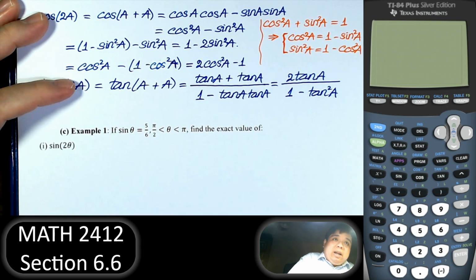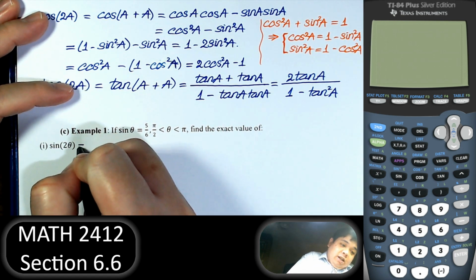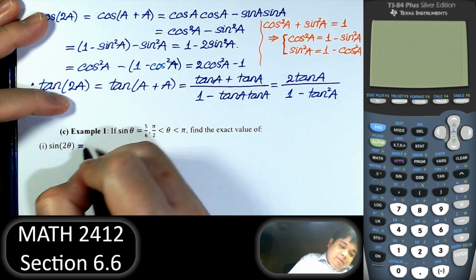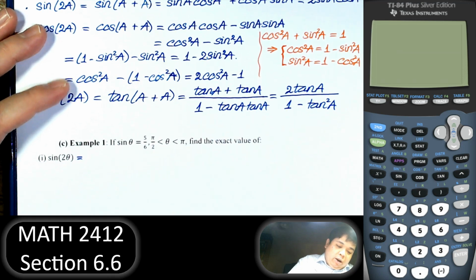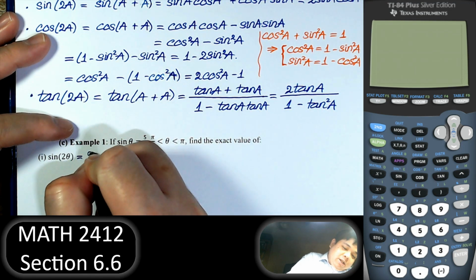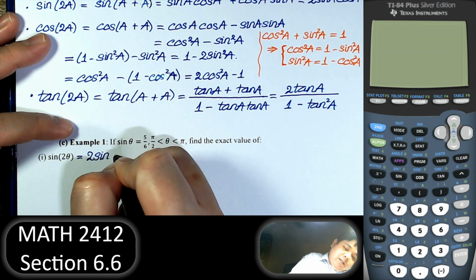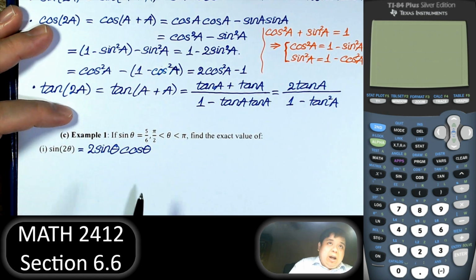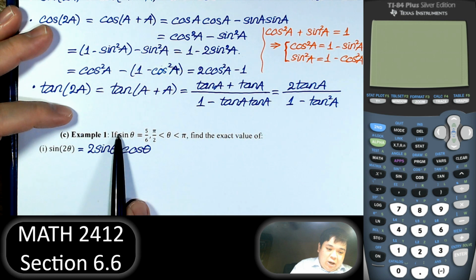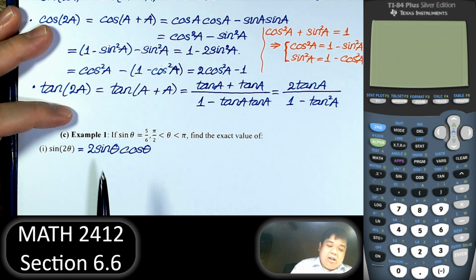Now sine of 2 theta, obviously there's only one formula. Except for cosine, we have more than one. But for sine, it will be 2 sine theta cosine theta. Well, we know sine theta already. We just need to find cosine.